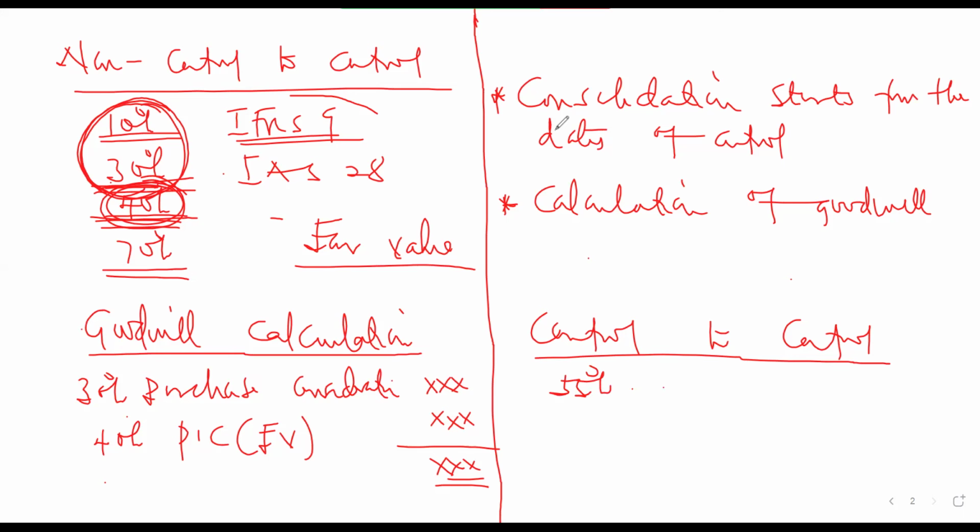We start consolidating, but they decide to acquire an additional 15%. So this 15% will be accounted for as we are buying. We have 55%. The portion that we are not controlling, they have 45%. Now we are buying 15% in the same company. It means that we are buying 15% from the non-controlling interest.